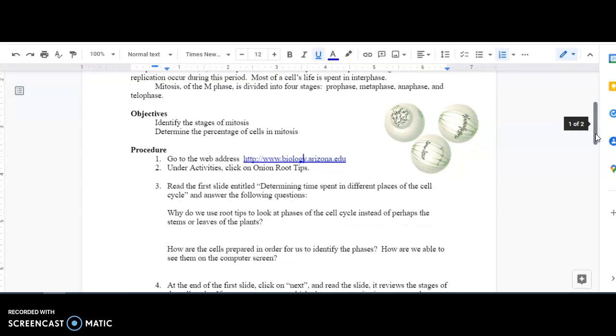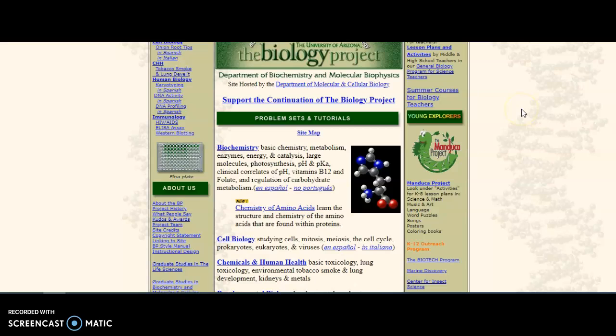So you can actually go to Google Classroom and click on this hot link here, and it will take you to the proper website. What you need to click at this point is up here in the top left. You'll see where it says onion root tips. Click that.